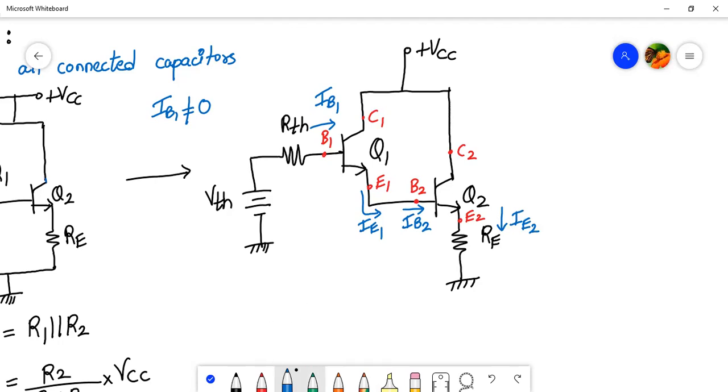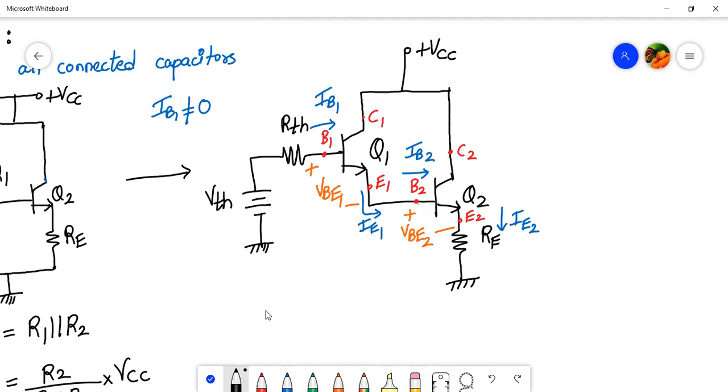So these are the currents. Let me mark the voltages. So here it will be VBE1, and let me show the current above here. This is IB2, and here plus minus, this is VBE2.